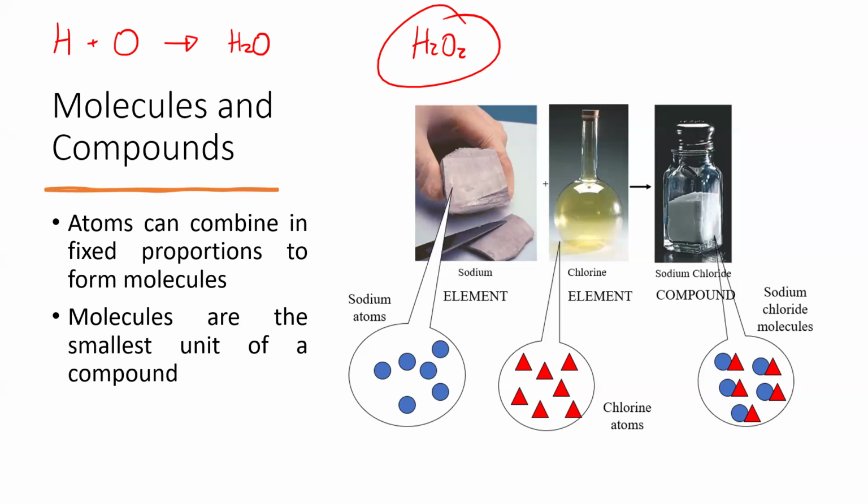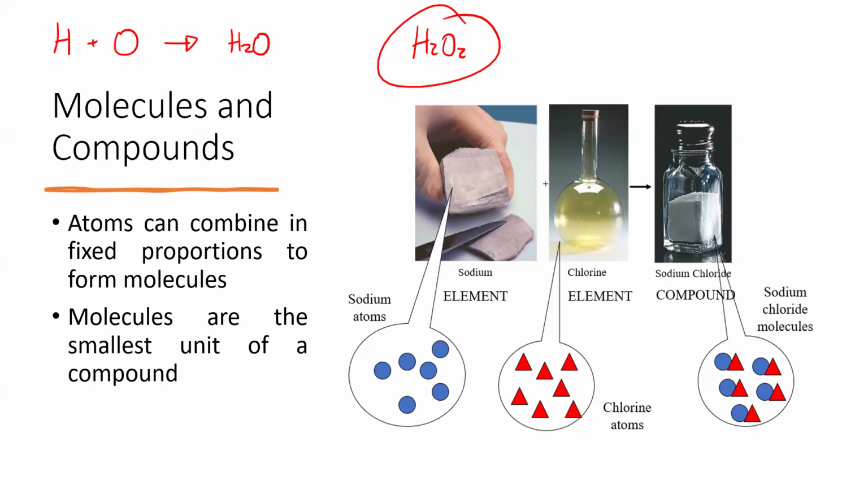Now, sodium is explosive. I told you chlorine is poisonous, but if you put them together, they form sodium chloride. Sodium chloride is not an element, because you can't find sodium chloride on the periodic table. You can find sodium, you can find chlorine, but not when they're together. When you put them together, you get a compound.